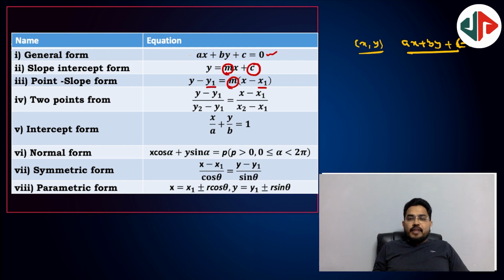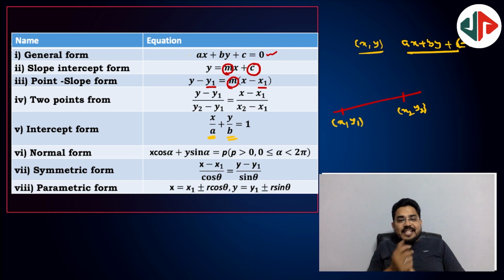Two point form: the equation of the line passing through (x1, y1) and (x2, y2). Intercept form: if the x-intercept is A and the y-intercept is B, the equation is x by A plus y by B is equal to 1.